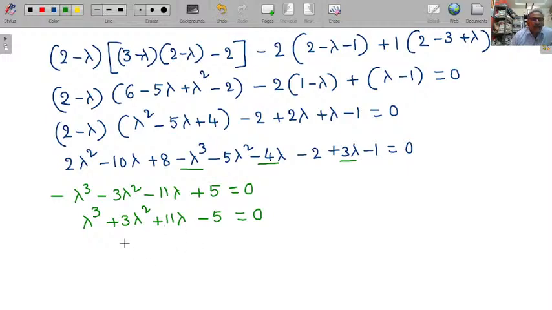So you can check it now. This will be lambda cube. So 11 lambda. So you check it now. So wait for a while. I did a mistake here, I think so. Right, let us check the steps now.